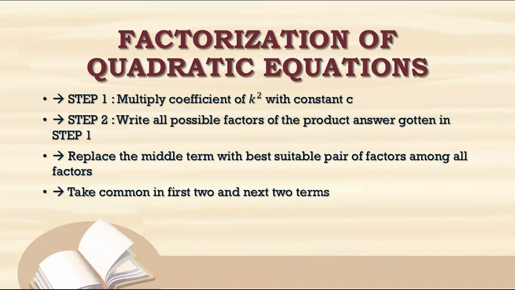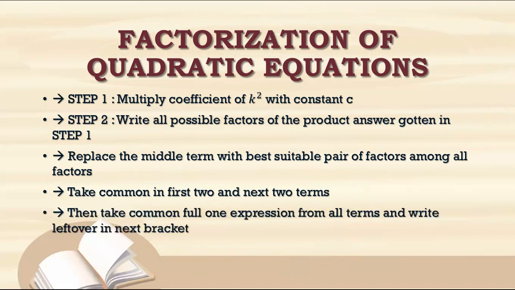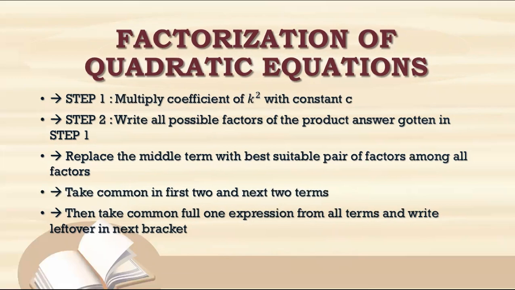Then replace the middle term with the best suitable pair of factors among all the factors, and take common in the first two and the next two terms. Then take common one expression from all the terms and write the leftover in the next bracket. You can recap this part of the video after taking the first example. So let's move on to the example, and then you can come back to this part to recheck all those steps again.